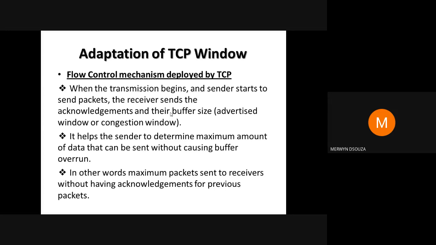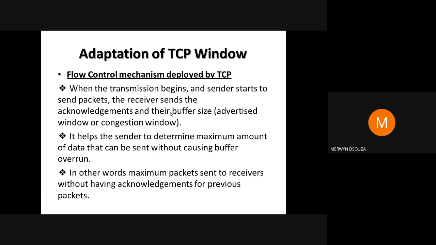Once the sender knows about the size of the window, whatever the receiver's buffer size is, it knows that it can send an amount of data equal to that window size without causing a buffer overflow. When it sends those packets equal to that window size, it could send them simultaneously or one after another, but it will not wait for acknowledgements.